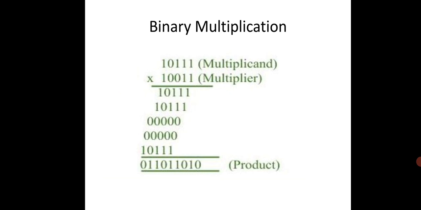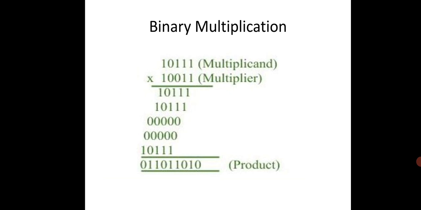You have to follow the same steps as you follow in day-to-day life for the decimal number system. You will follow the same method for binary. The next is 1 into 1 is 1, 1 into 1 is 1, 1 into 1 is 1, 1 into 0 is 0 and 1 into 1 is 1.